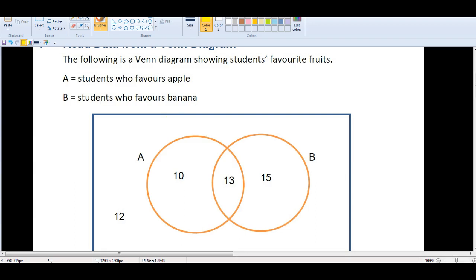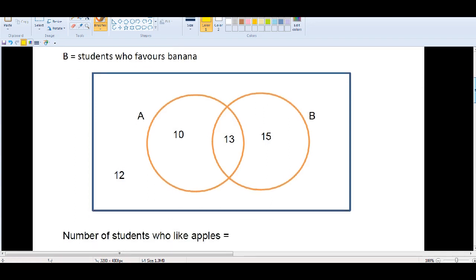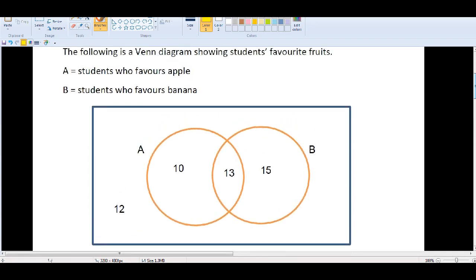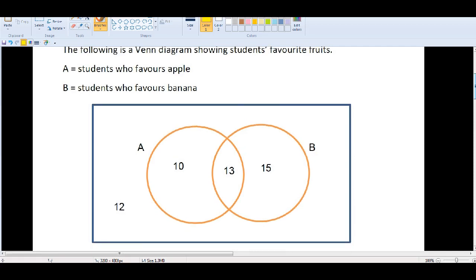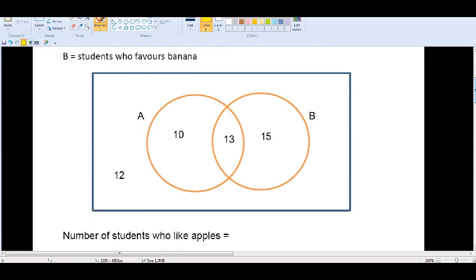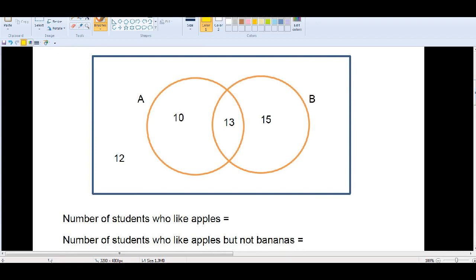Some might like just apple, some just banana, and some might not like either of them. If we try to represent the number of students who favor a particular fruit, we could use a Venn diagram.